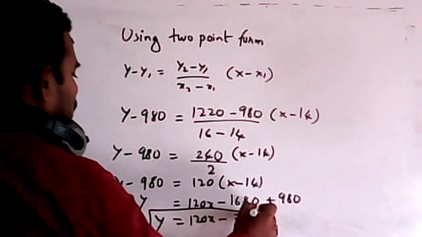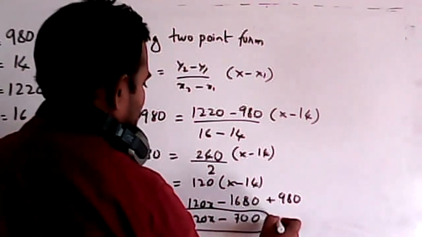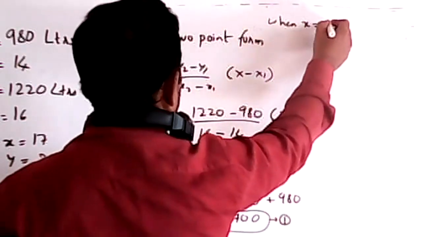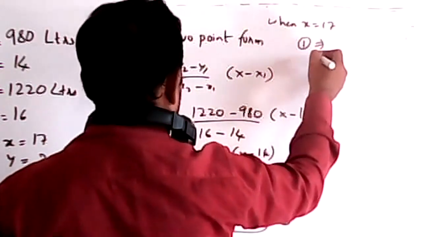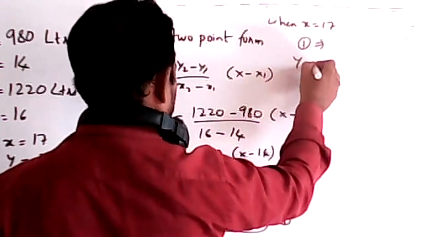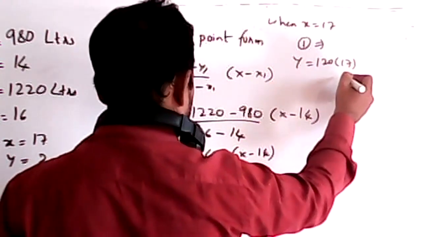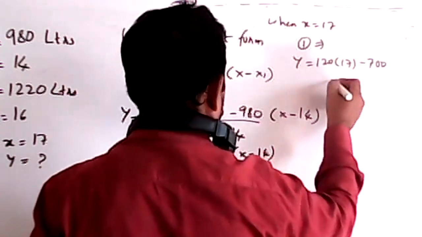This is the equation we got. When x is equal to 17, y is equal to 120 into 17 minus 700.